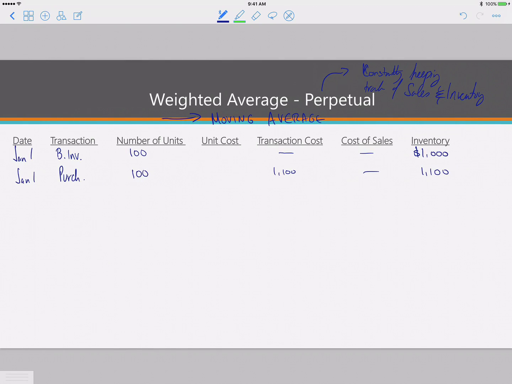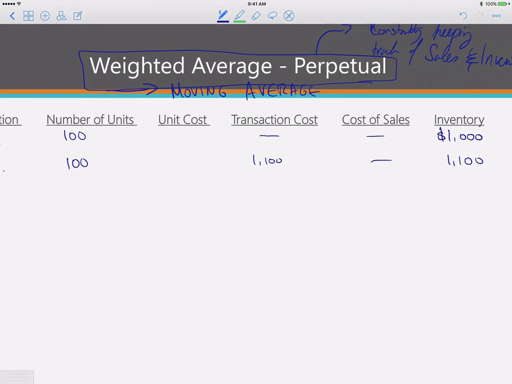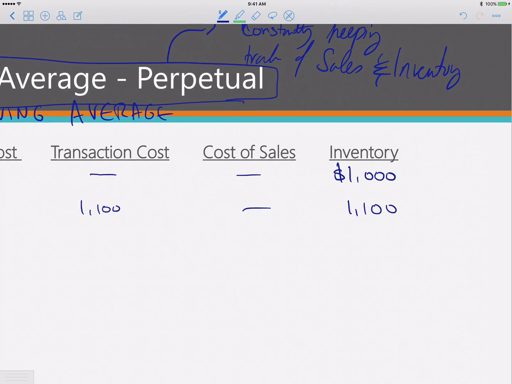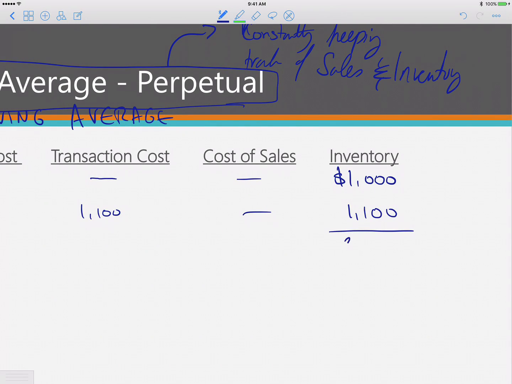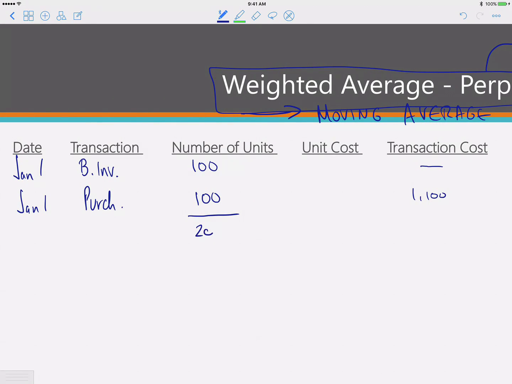Now, it's important to remember, under a perpetual weighted average method, what we do before every sale is we add up our total inventory and our total number of units, and we take the average unit cost. So we see that we have a sale coming up here, so what we're going to do is add it up. So we have $2,100 worth of inventory, and we have 200 units.